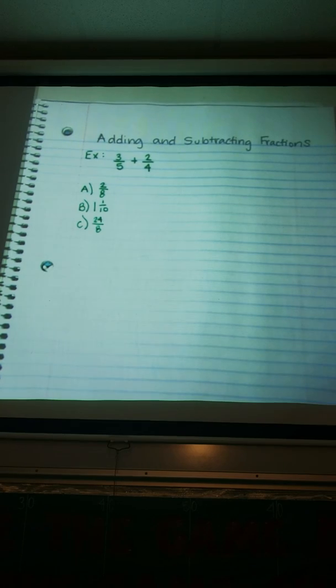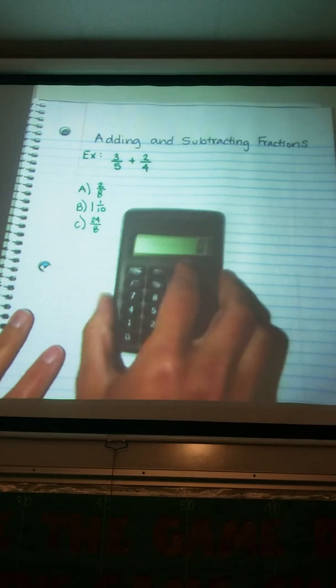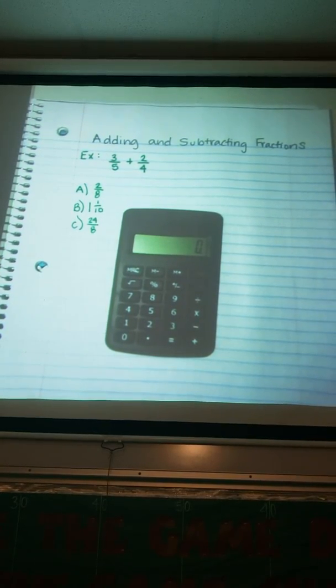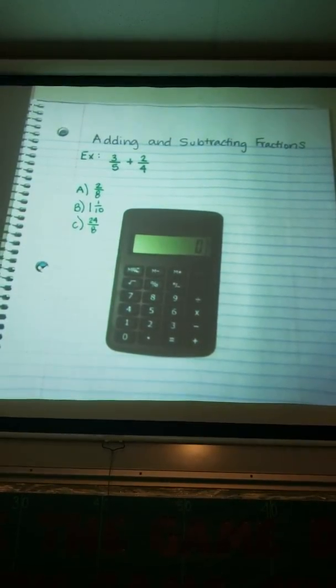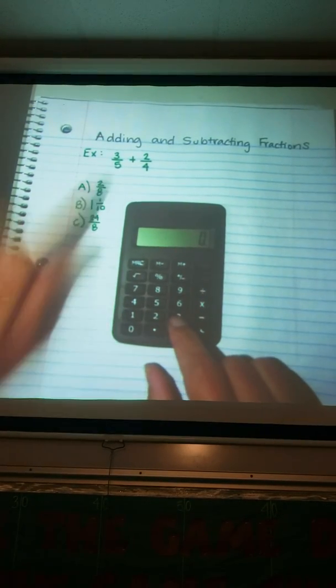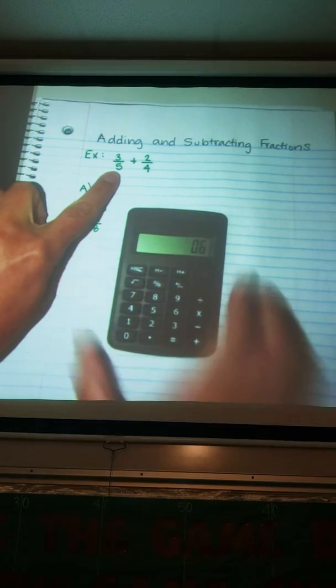Okay. So we talked about how you are going to take this and turn it into a decimal. You see a fraction, turn it into a decimal. Always, always, always. Fraction, decimal. So, you're gonna take 3 divided by 5, and that gives you 0.6.